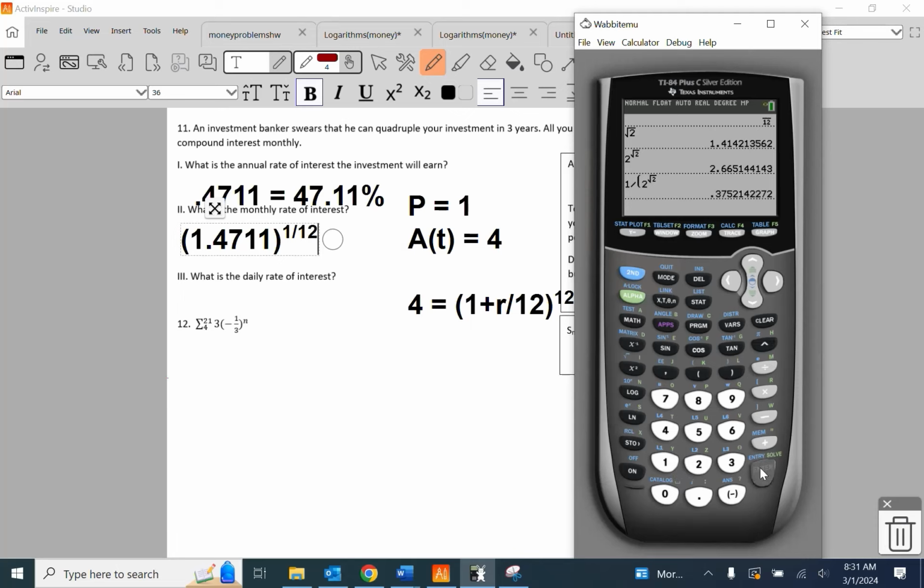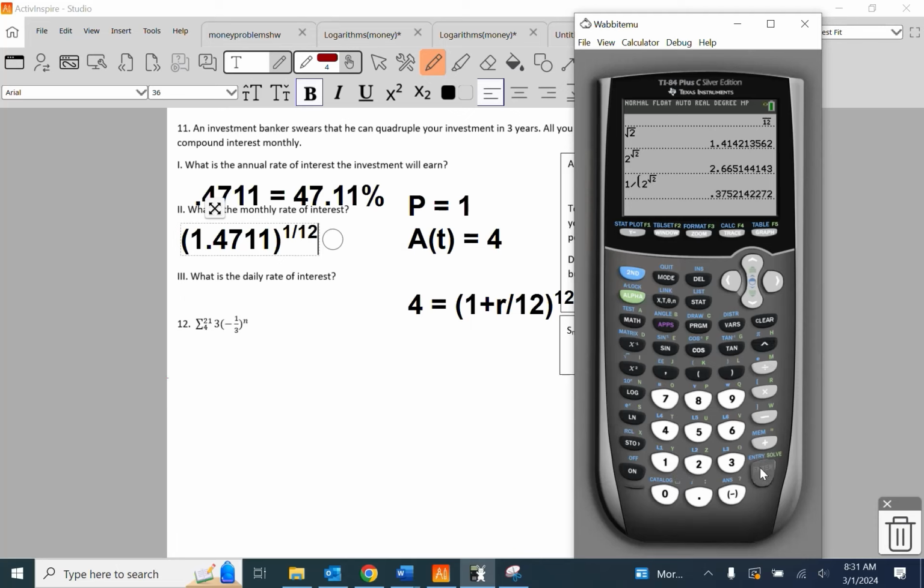And that would give us 0.03269. I forgot the 0. Which is about 3.3%. We move the decimal 2 places. 3.3%, 3.27%. That's the monthly.